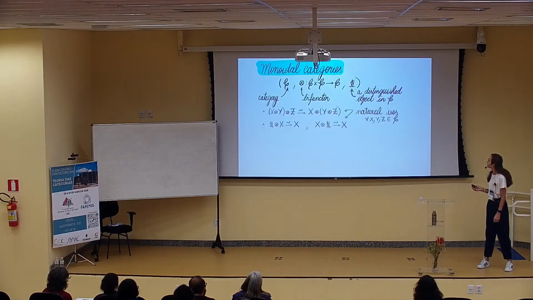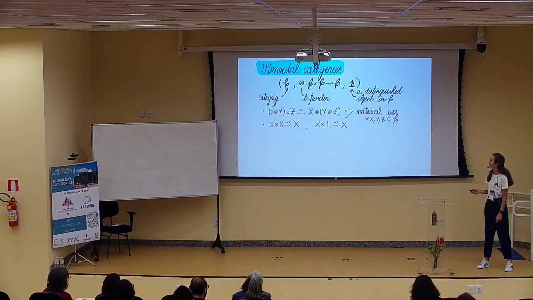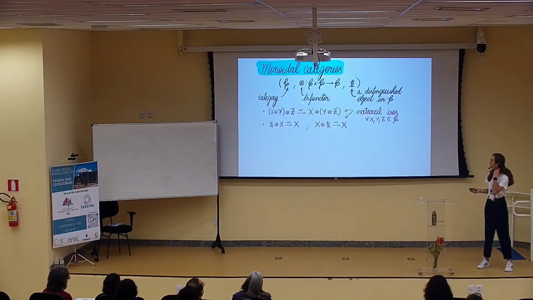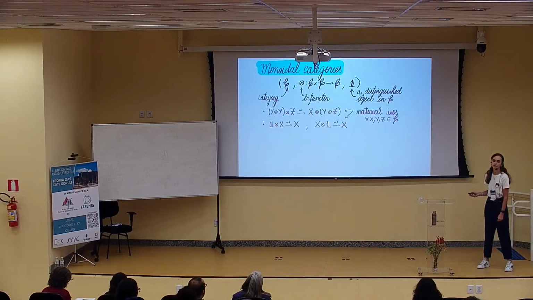and we need this natural isomorphism that says how I associate this bifunctor, right? For every x, y, and z objects in C. And also I have natural isomorphisms that say that one is a unit for this tensor product.